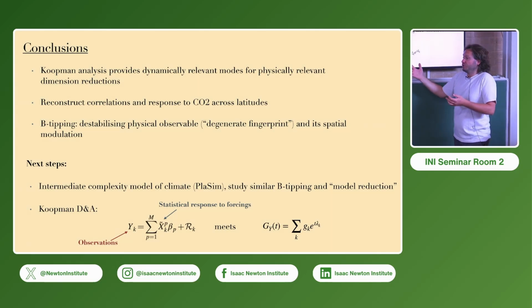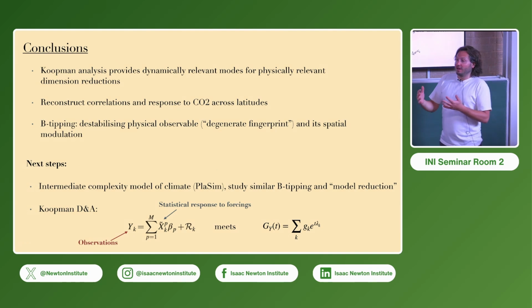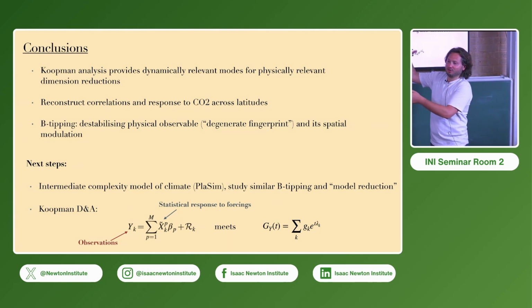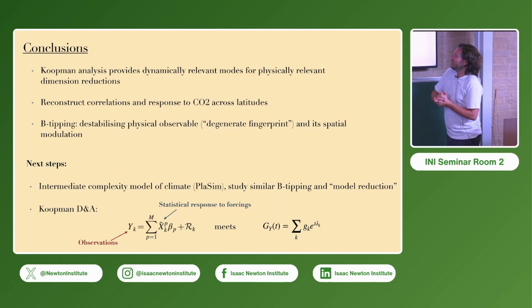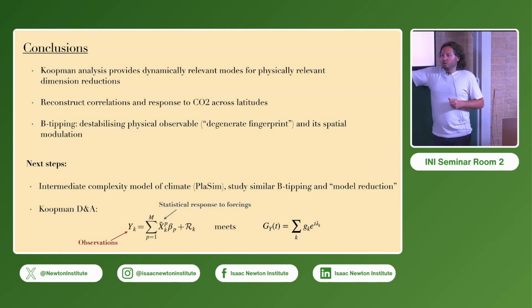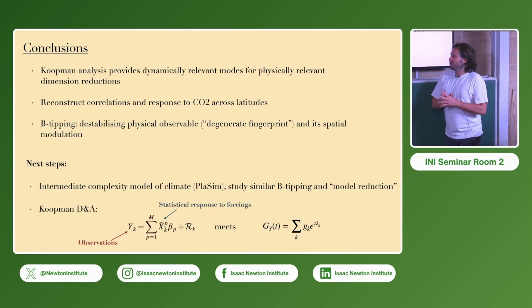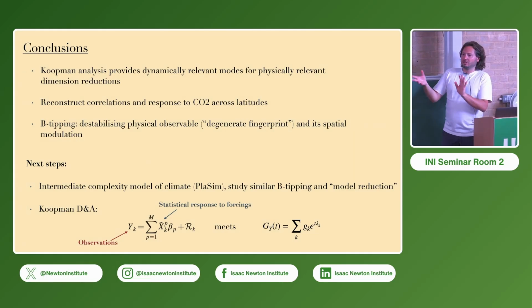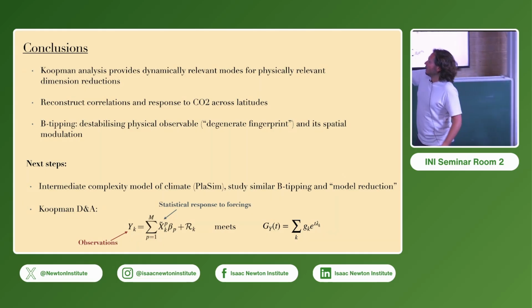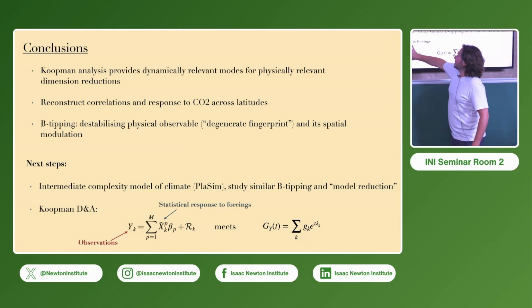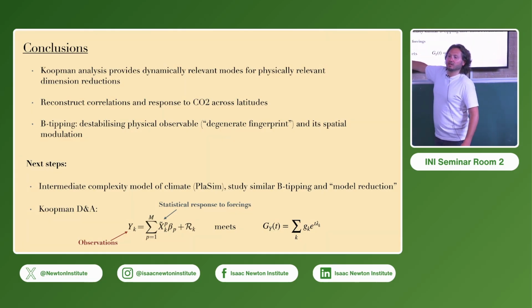Because if they do, then it gives you a dynamical interpretation of why this hierarchy of models is coherent. And then something that Valerio mentioned on Friday, but he didn't have much time: we want to do what we call Koopman detection and attribution. Detection and attribution is a statistical technique that allows you to link the observation of climate change to the statistical response to forcing, so basically to response theory.